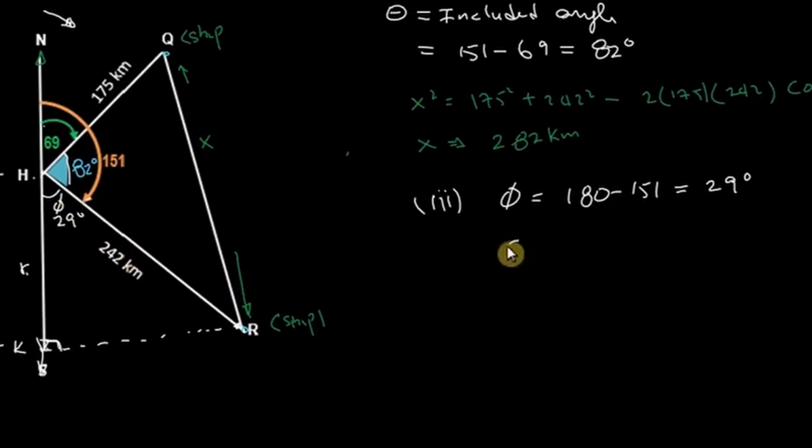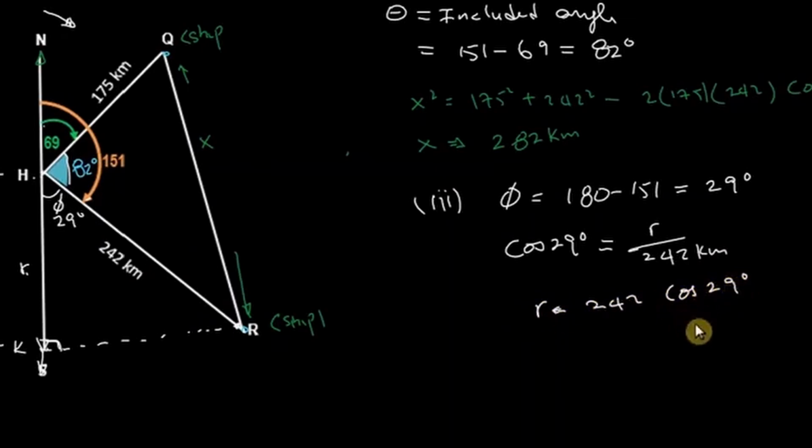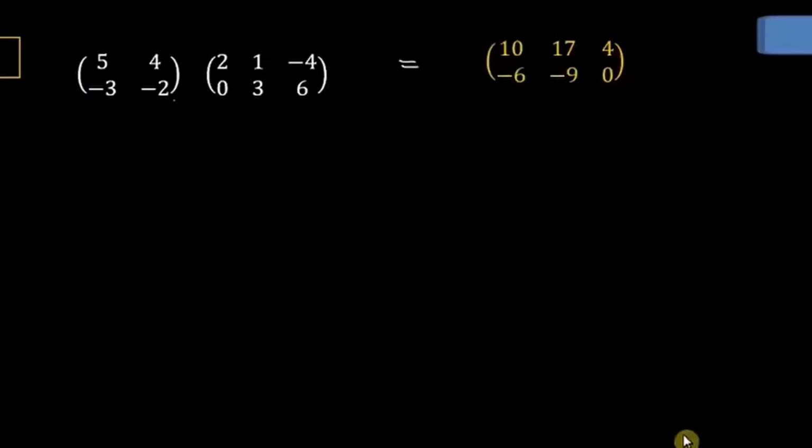So cosine of 29 degrees is equal to r over 242 kilometers. Therefore, r is equal to 242 times the cosine of 29 degrees, and that is equal to 212 kilometers.